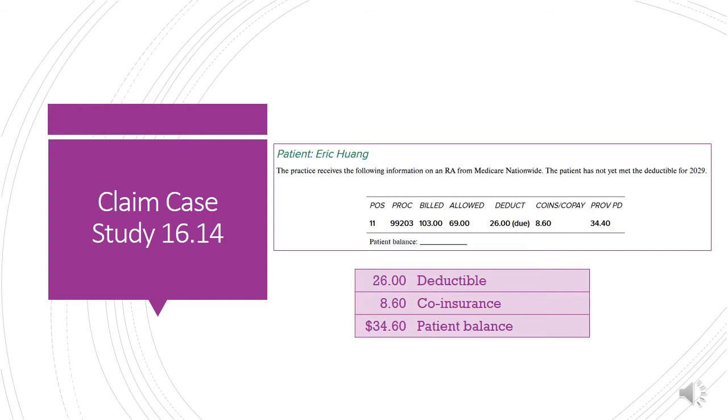The provider was then paid $34.40. If we add up the deductible and the coinsurance for the patient, the total is $34.60. That's the patient's balance. Checking our math, we can add the patient's balance with the provider paid amount to equal the total allowed amount. $34.40 and $34.60 equals $69, which is the allowed amount.